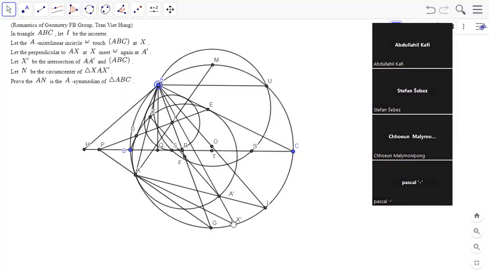It is a mixed linear touch point, but for the X circle this time, not the incircle. I didn't know that until we discovered point S. So what did we project? We projected A across KF to A prime. That was harmonic. This is a really good solution.